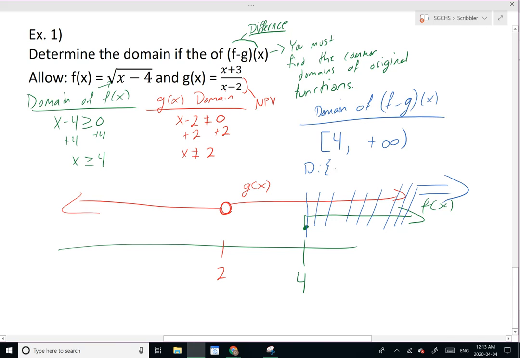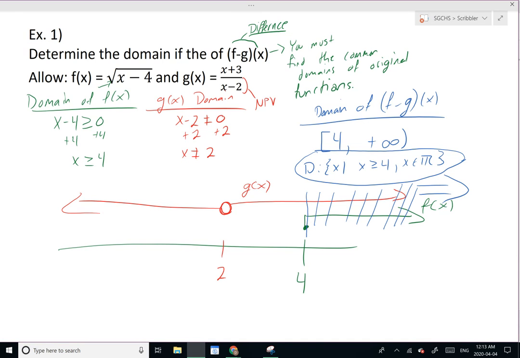In set builder notation, we would notate it as x has to be greater than or equal to 4, and x can be any real number. And I'm going to close that off with a bracket there. Okay, so we found the common domains and then stated the domain of our difference operation.